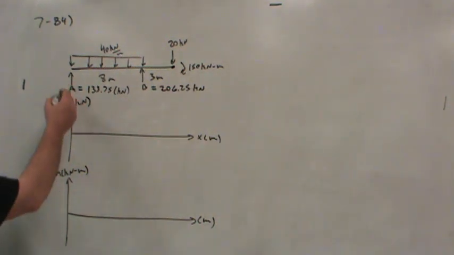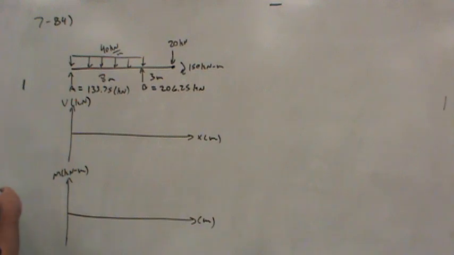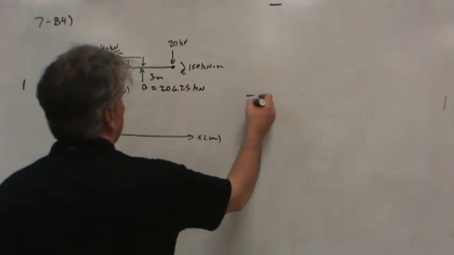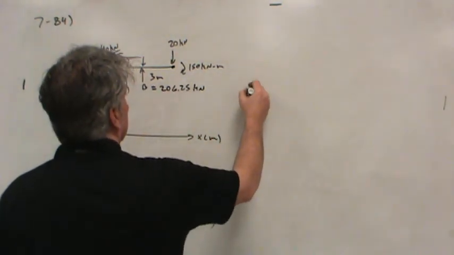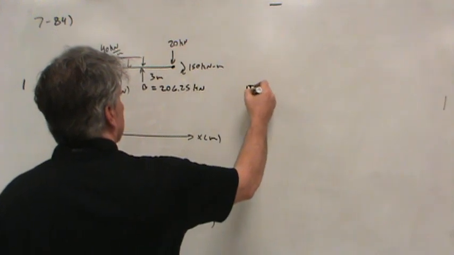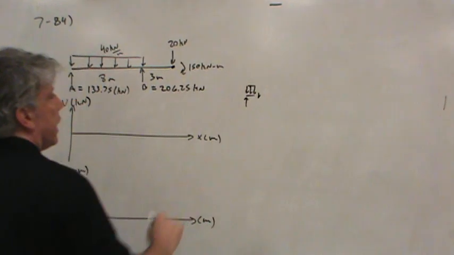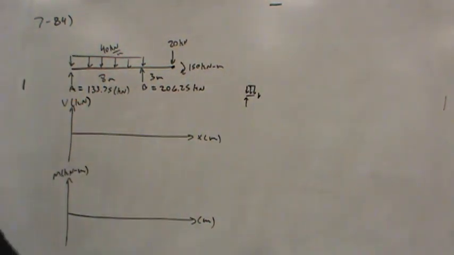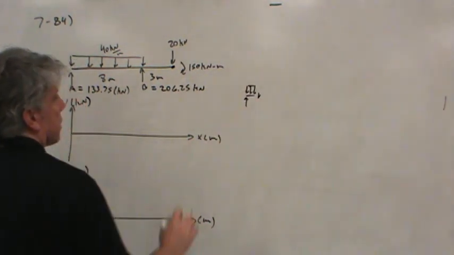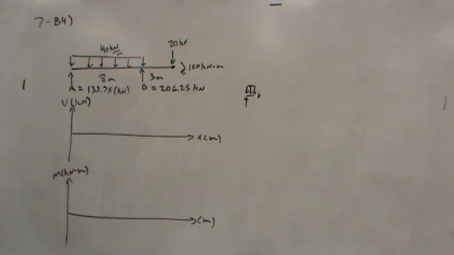We know that shear has to begin where? Well, if we take a free body of just a little segment of the beginning of the beam, the shear would have to be equal to the reaction A, because we haven't had time for any significant distributed load to accumulate.